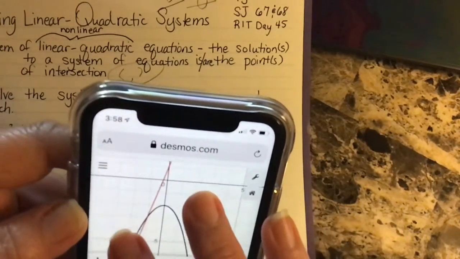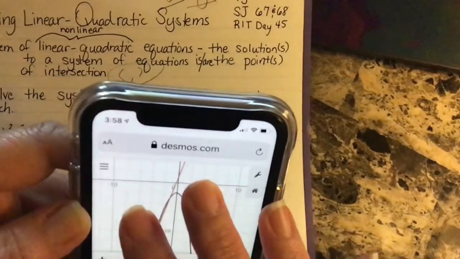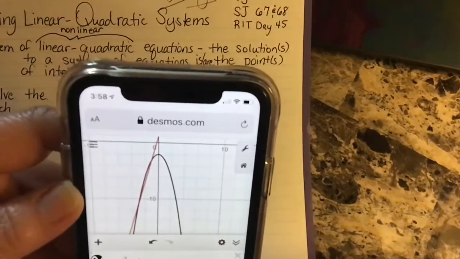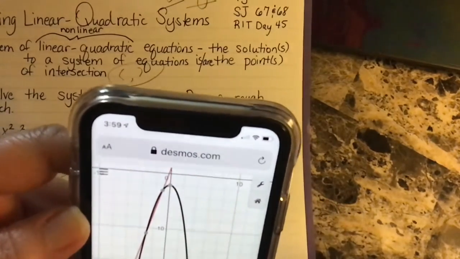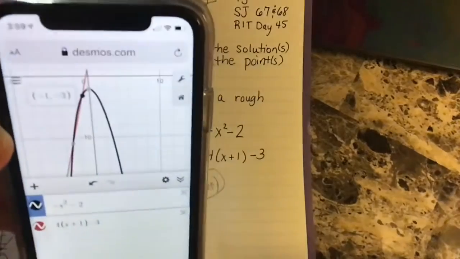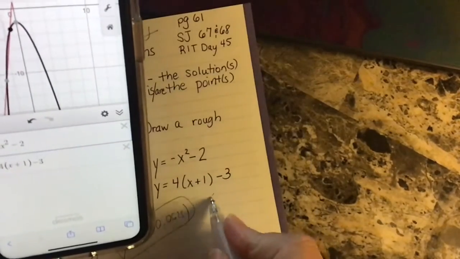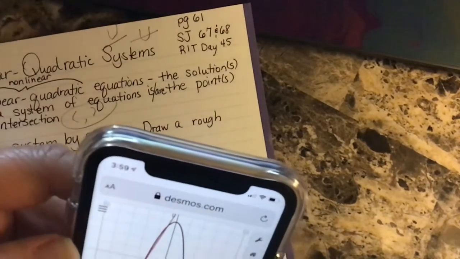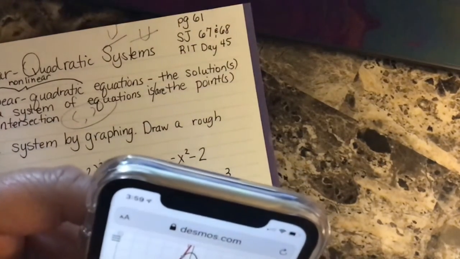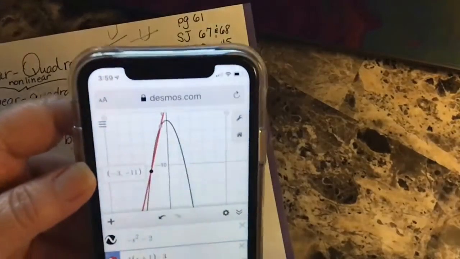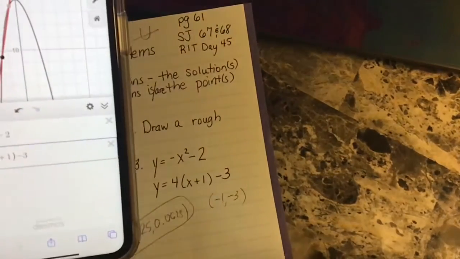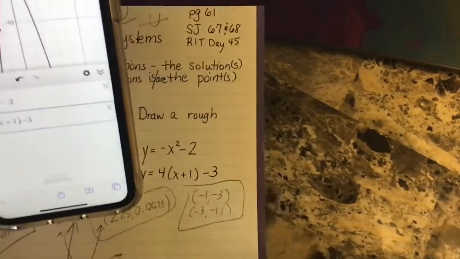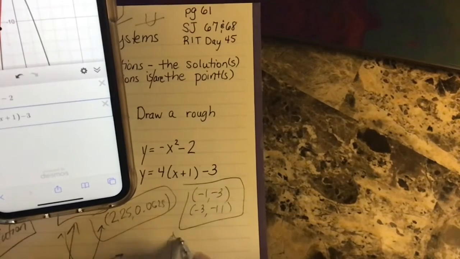Well, let's go down. I think it crosses twice. Yep. See that? It crosses here at -1, -3, and then it crosses here at -3, -11. And I'll draw that rough sketch. Mine probably won't be to scale, but that's okay.